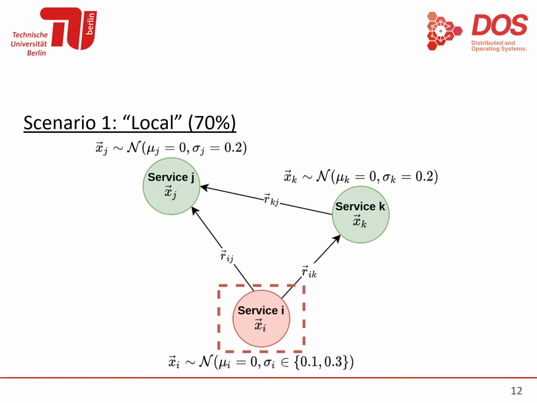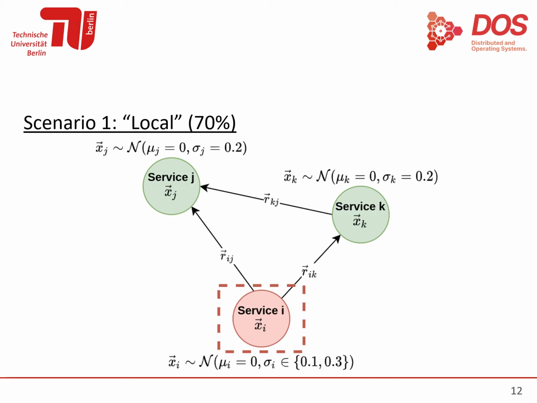In order to demonstrate that incorporating neighborhood information is in fact useful, we're designing multiple scenarios. The first one is the local scenario, which has a probability of arising of 70%. In this scenario, an anomaly is injected into a target system, whereas all other systems are behaving normal.